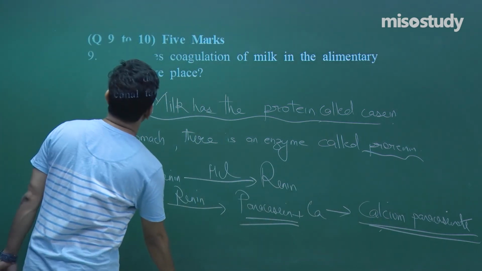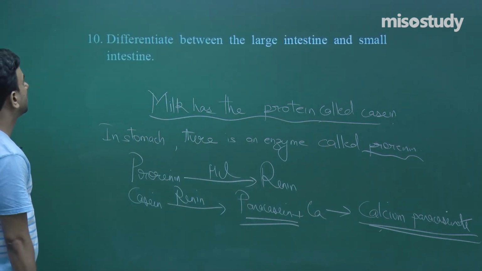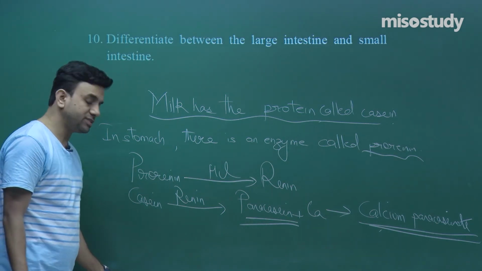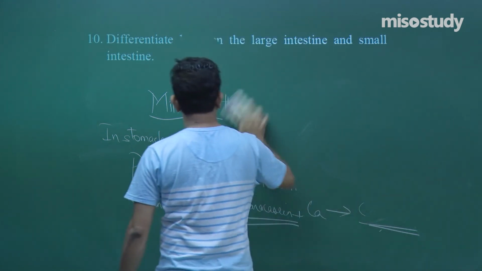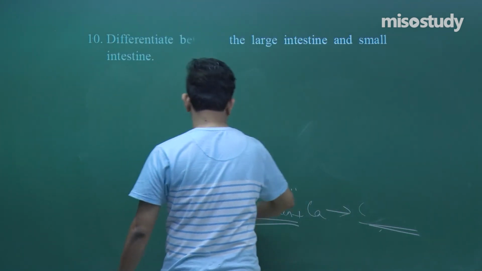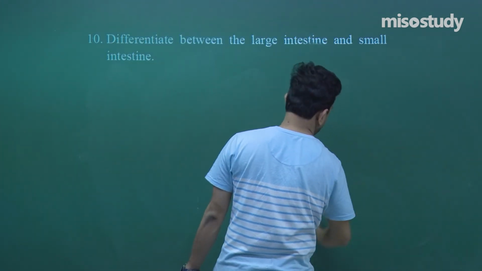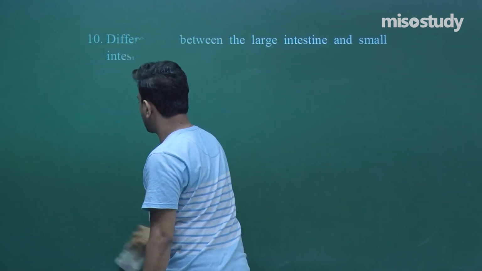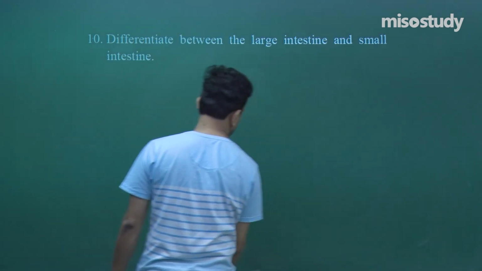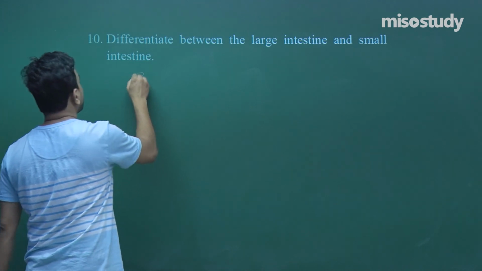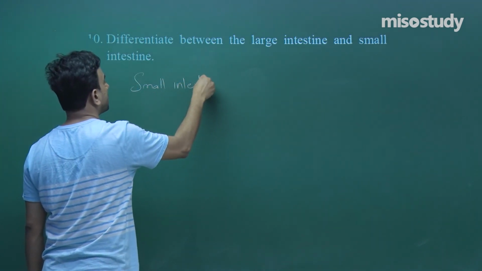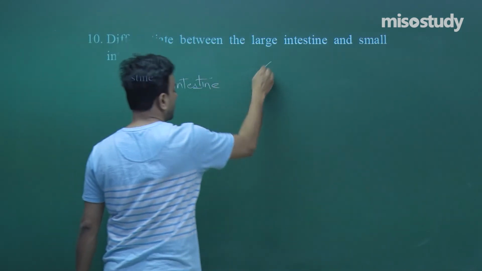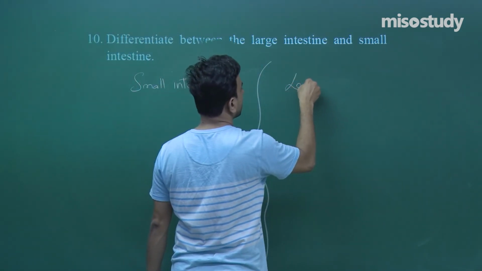We move on to the next question, that is the last question. Differentiate between the large and the small intestine. So let us state some differences in a tabular form between the small and the large intestine.